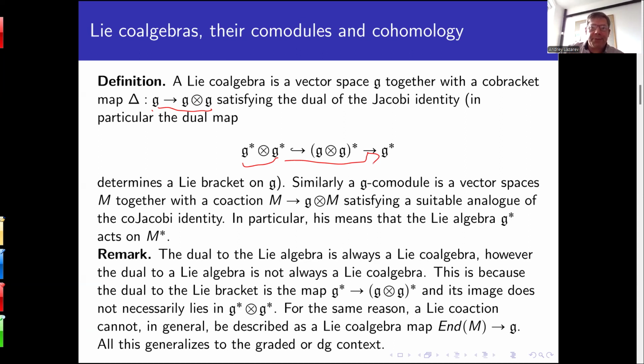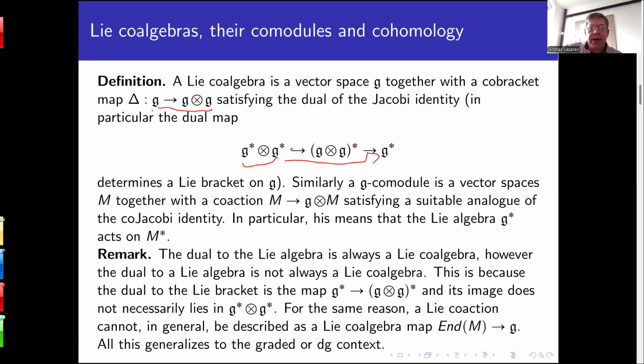So for finite dimensional Lie coalgebras, this notion is equivalent to that of a Lie algebra. For infinite dimensional Lie coalgebras, this is not true.